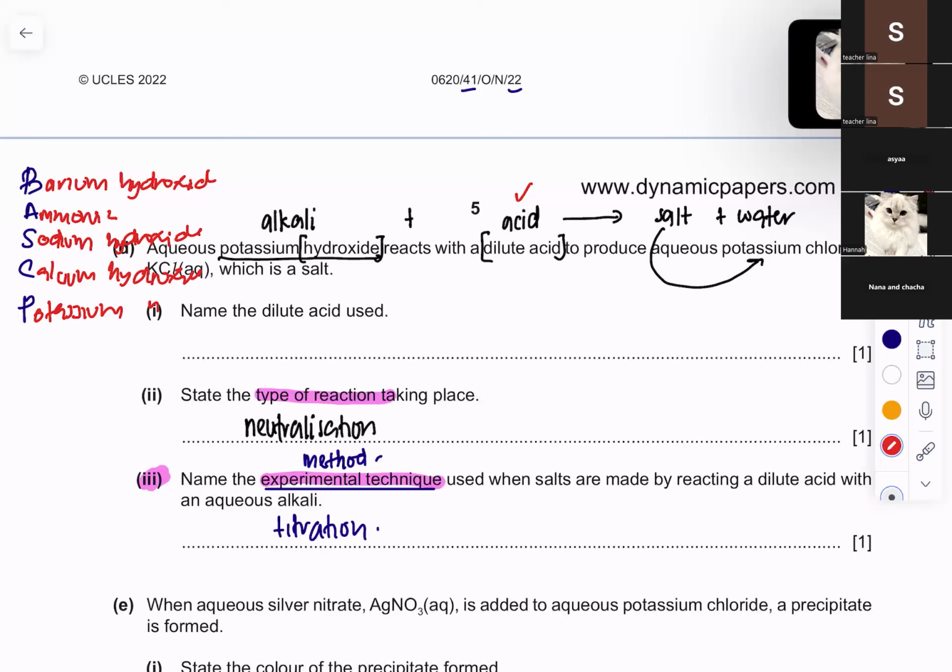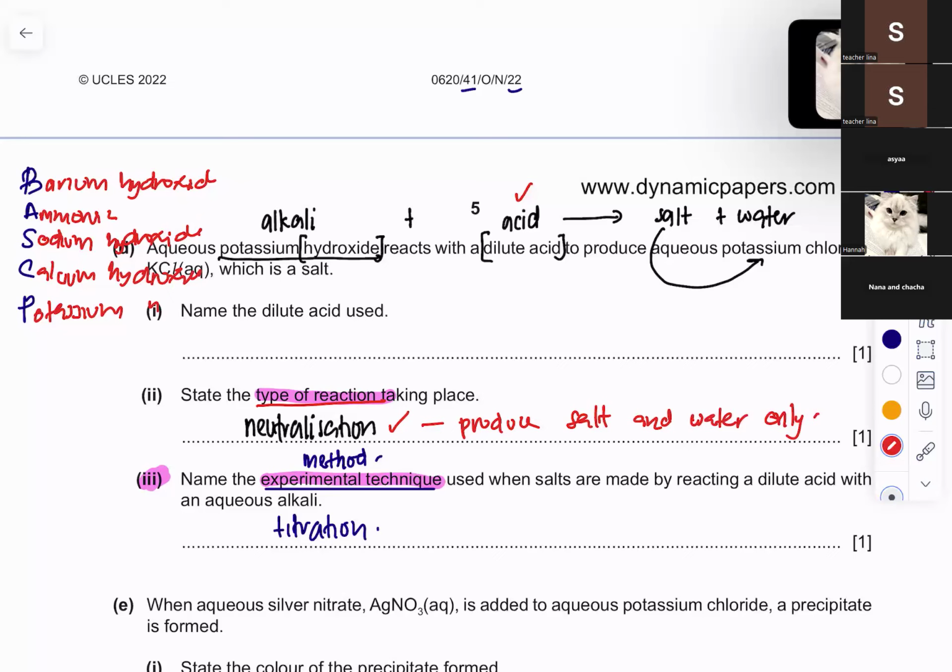Okay, and then they ask what is the type of reaction taking place. The type of reaction is neutralization. Neutralization produces salts and water only.